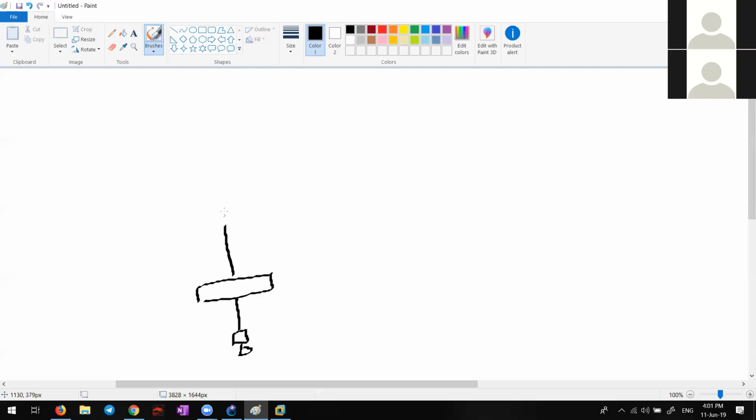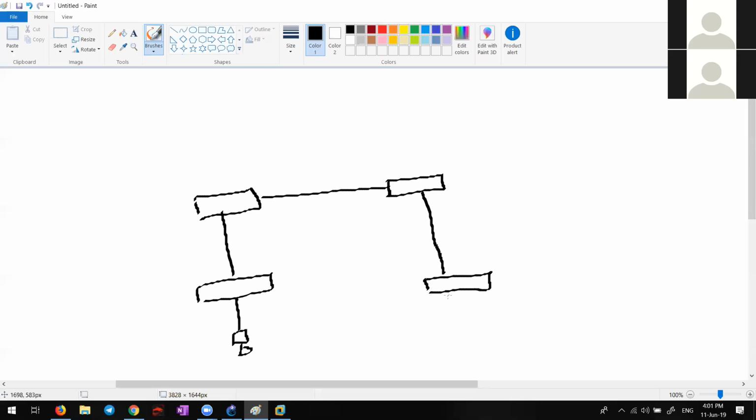1, 2, okay, 2 is enough. 3, 4, and a PC. Let's say this is VLAN 10 again. This is VLAN 20. Here VLAN 1 is the native VLAN. Here VLAN 2 is the native VLAN.